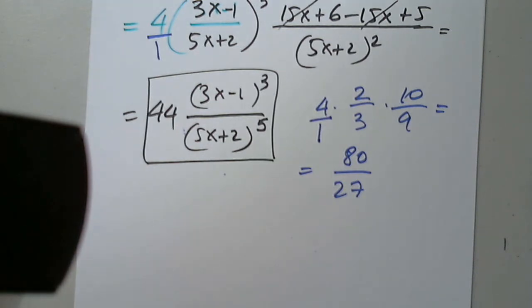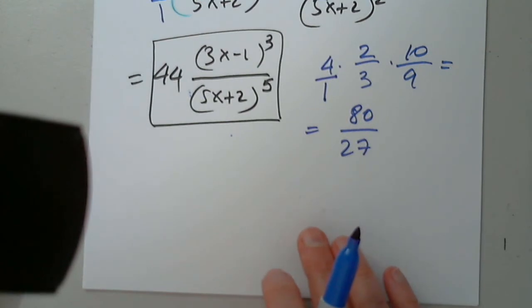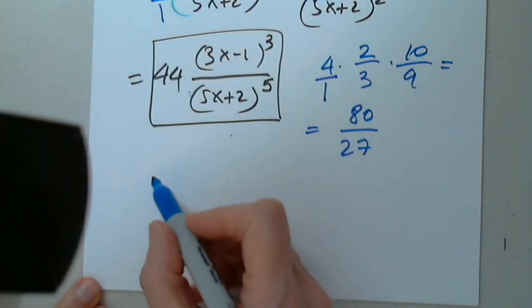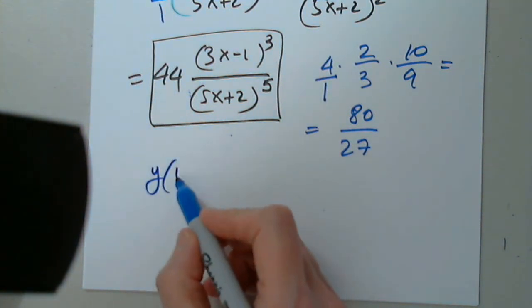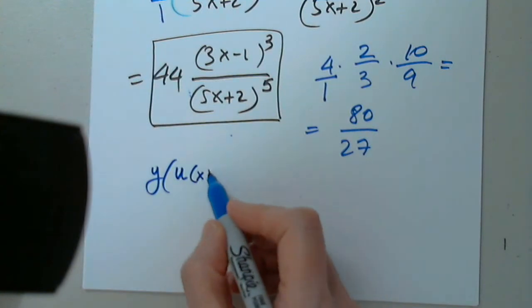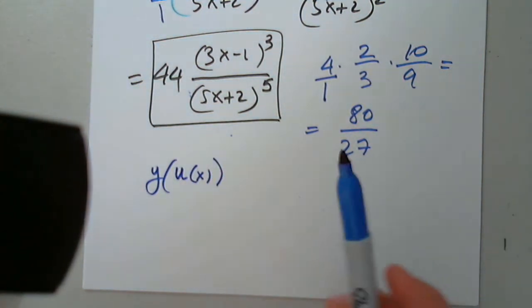So I'd like to explain the chain rule in further detail, in which, let's say we have a function y that is a function of u, and u is a function of x. Exactly what we just had.